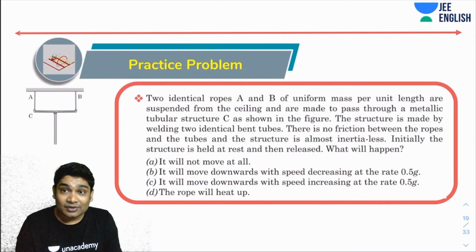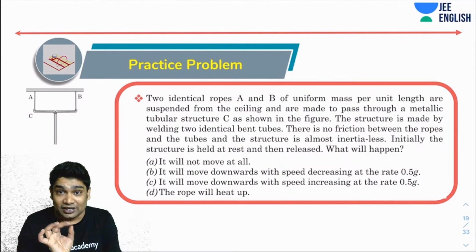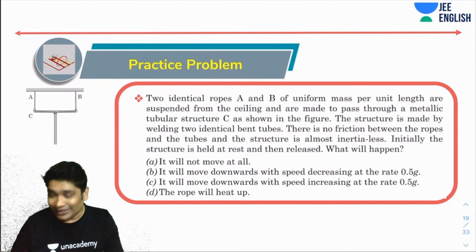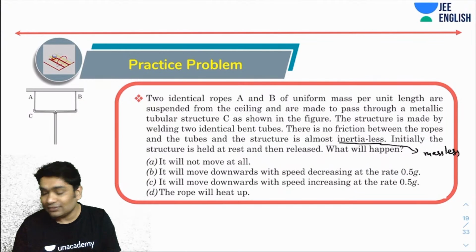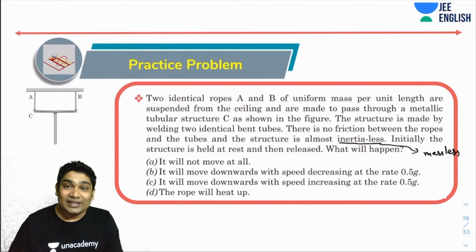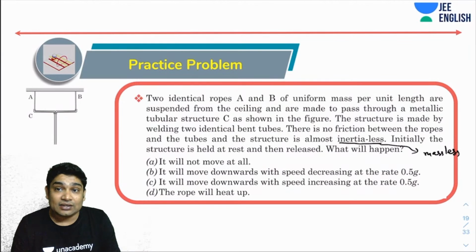There is no friction between the ropes and the tubes, and the structure is almost inertialess. Inertialess means massless. So initially the structure is held at rest and then released. What will happen?